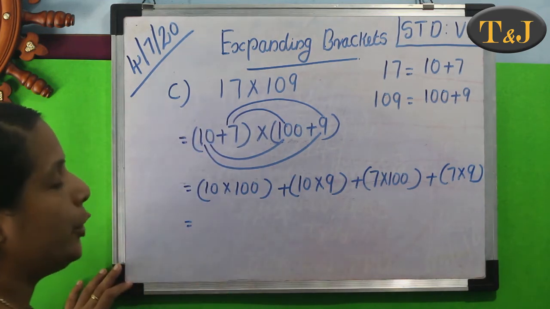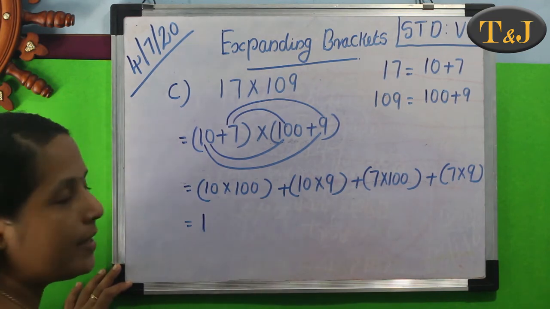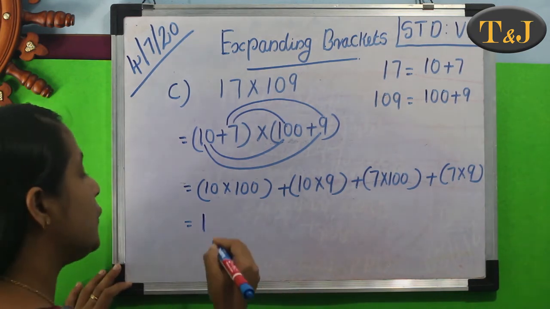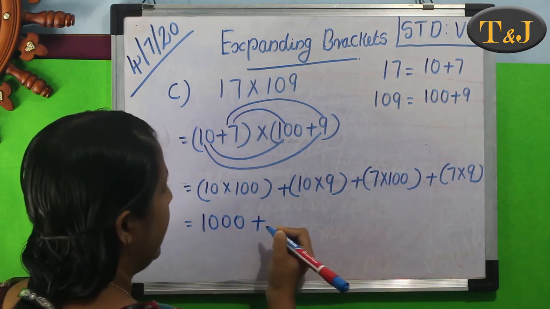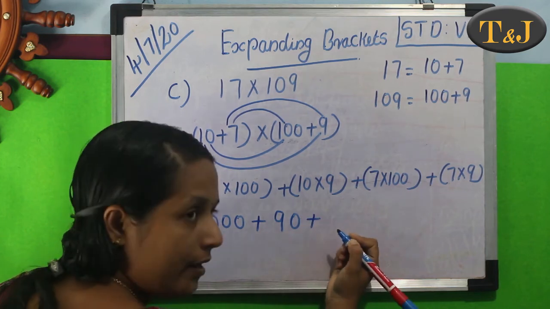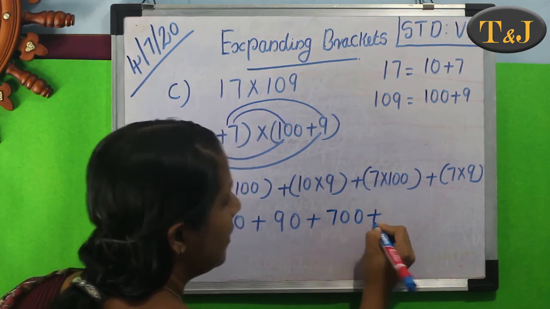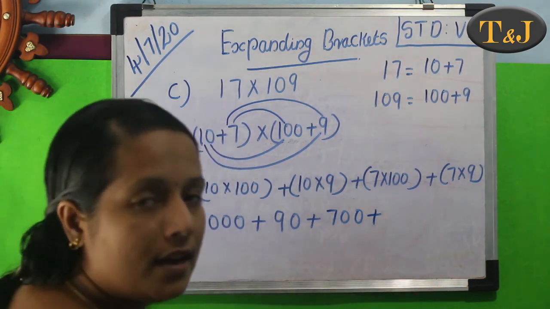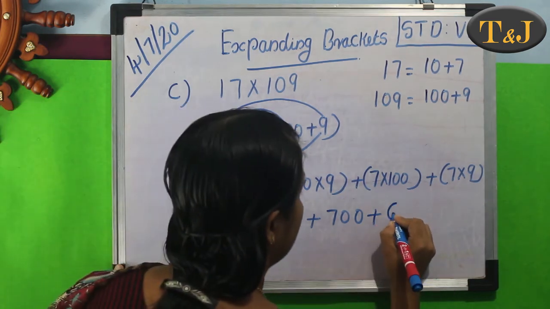Then 10 into 100. Then first write 1, and how many zeros here? There are 3 zeros, so we put 3 0. Then 10 nines are 90 plus 7 into 100 equal, yes, 700. Then 700 plus last is 7 nines are 63. Then write the number 63.